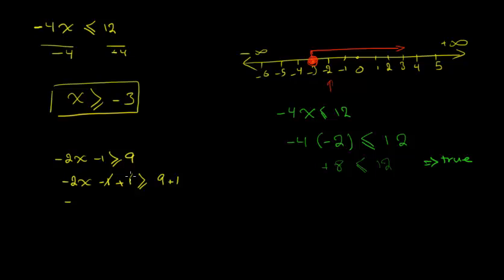Then these two cancel out, and we'll have minus 2x greater than or equal to 10. Then right now it's multiplication, so we divide each side by minus 2. x is smaller than or equal to minus 5. So we are done. We solved our inequality.